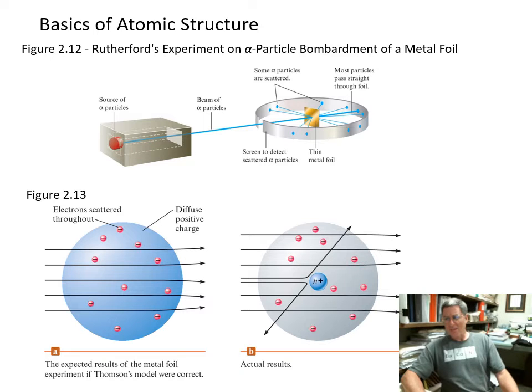So they had this idea that the atom was made up of this diffuse positive charge, and then they had already figured out electrons, and the electron charge and stuff, with those cathode ray tubes, if you read that part of the chapter.